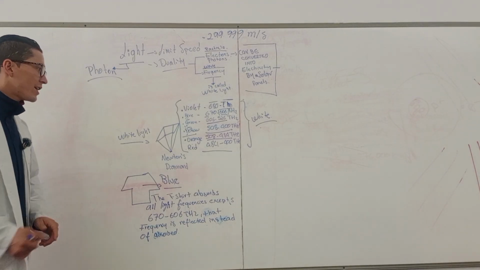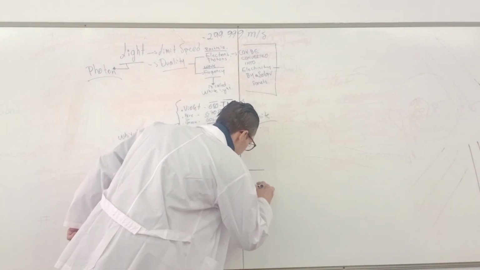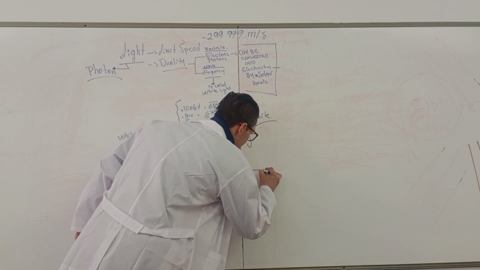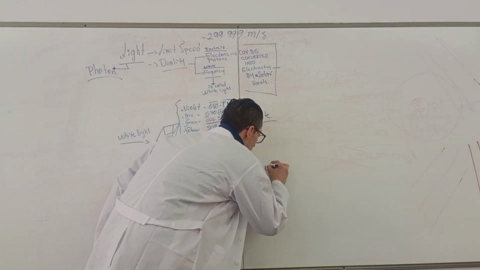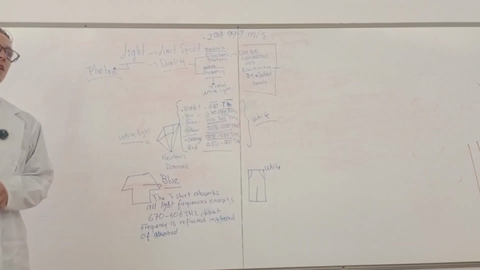But if the t-shirt, for instance, if you got a jean and your jean is a white color, what does it mean?